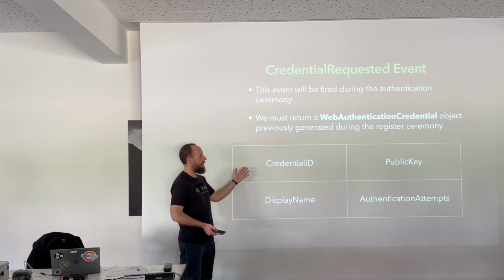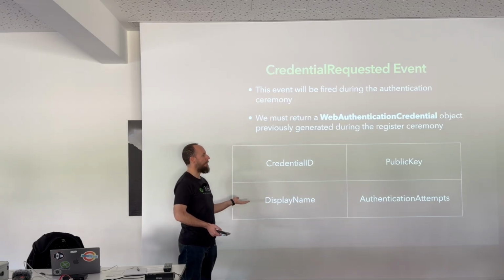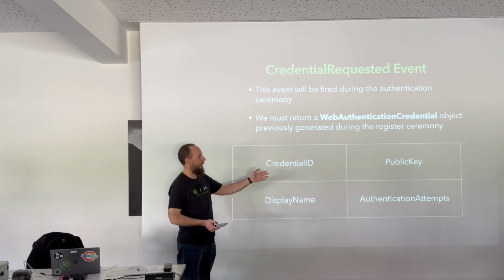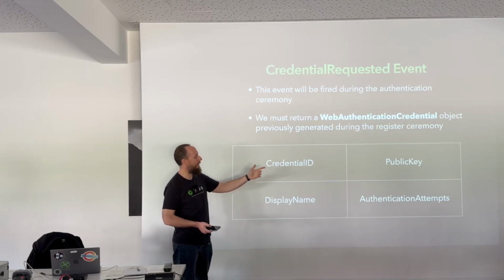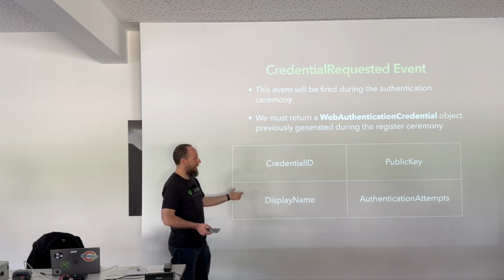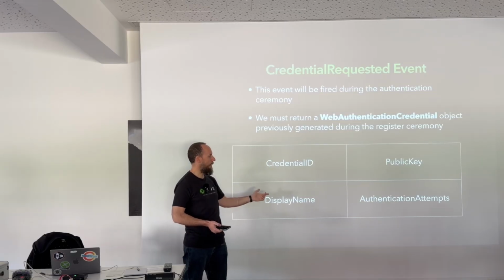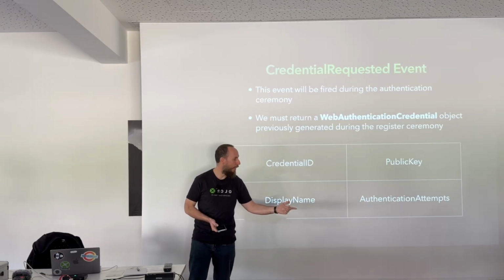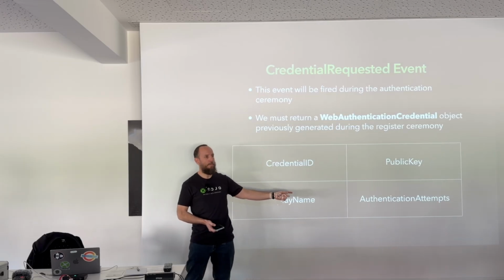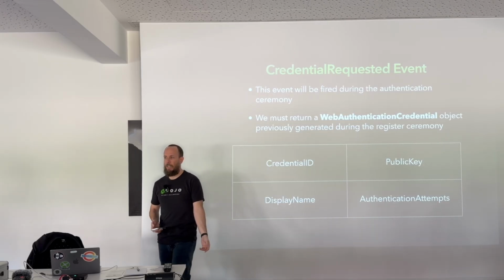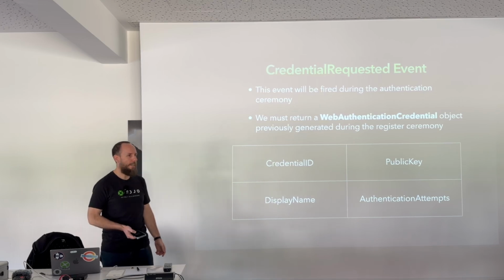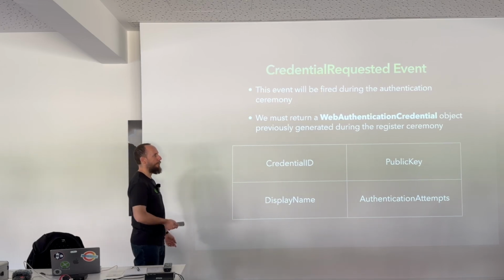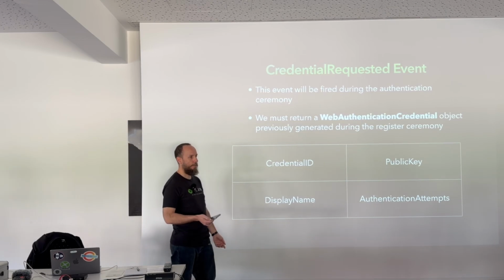It contains the credential ID, just a string, could be as long as needed, the public key, display name, and authentication attempts. Authentication attempts is going to be an incremental integer just to detect if the authentication device has been compromised or cloned.